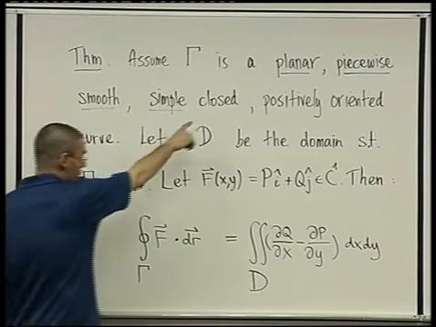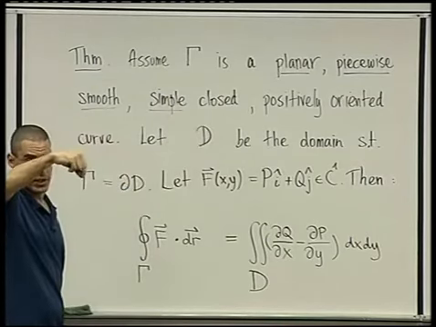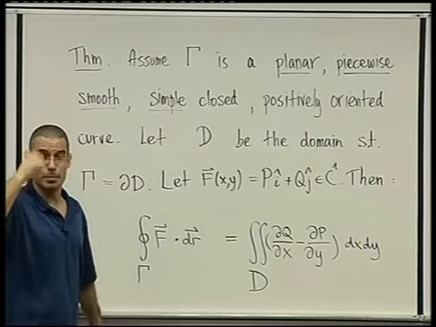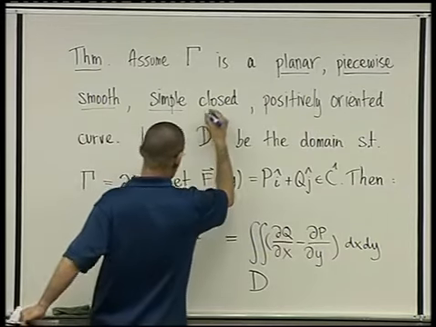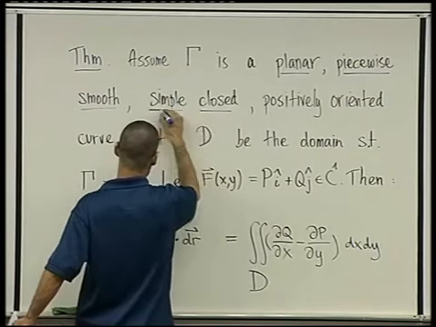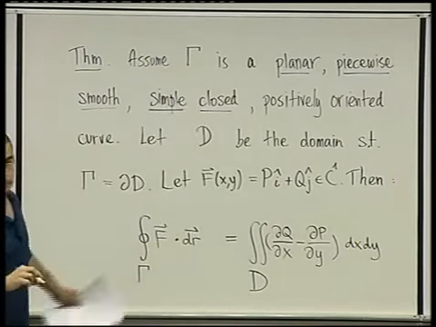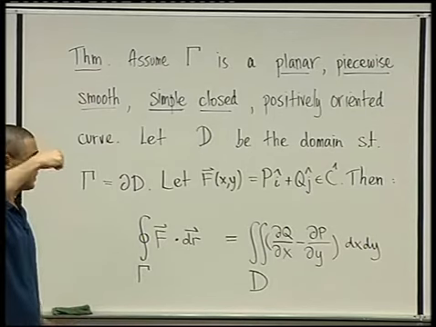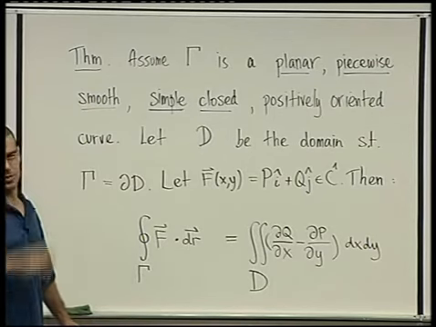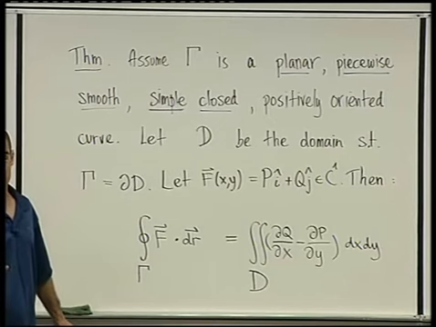A closed curve is a curve that starts and ends at the same point. Okay? Now there's an obvious contradiction between being simple and closed, because if it's simple, it cannot intersect itself, and if it's closed, it intersects itself. Right? Do you see that?